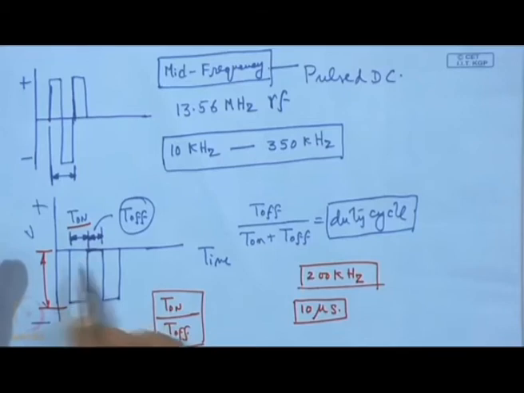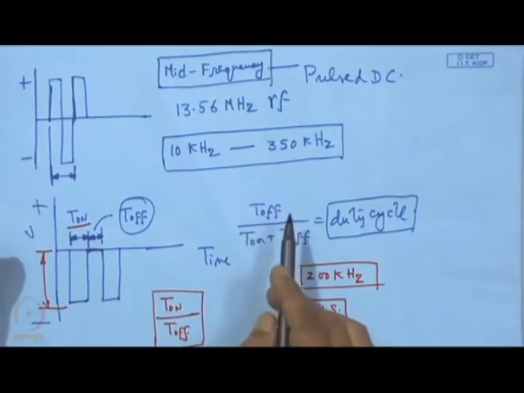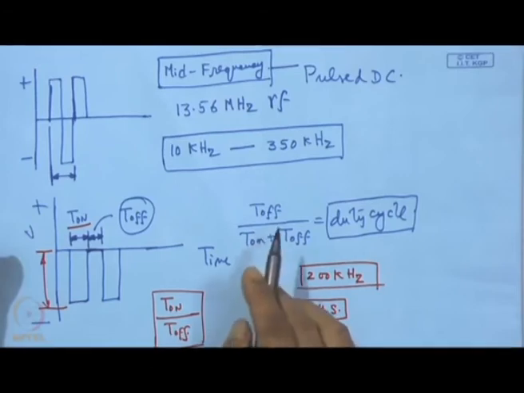But at the same time, as for productivity, had it been 100%, that would have been the best, but we cannot do that. So, we must have T off, and that should be as minimum as possible, just adequate to avoid arc discharge.